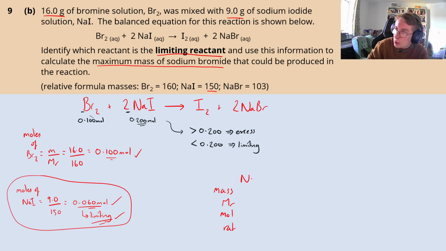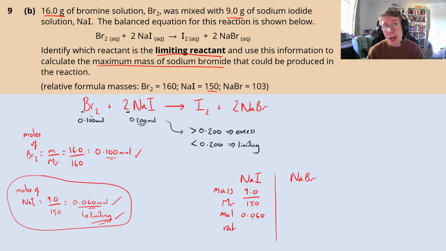We've got sodium iodide, and we want to know how much sodium bromide we're going to make. So the mass of sodium iodide, we've already looked, is 9.0. We've divided that by the relative formula mass already, 150, to get our number of moles, which was 0.060.